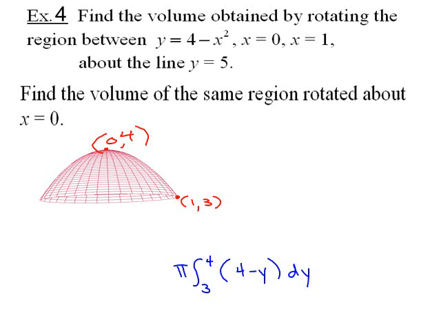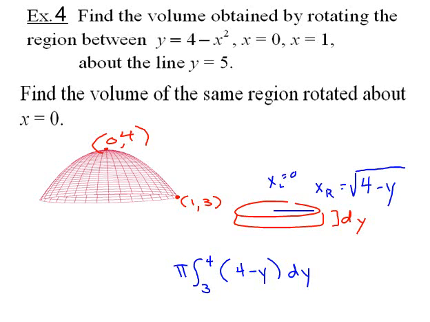Now let's find the volume of the solid formed by rotating the same region about the line x equals 0. Since we always slice across the axis of rotation, our slices will look like this, and their thicknesses run vertically and can be described by dy. The radius is found by subtracting what x equals on the right minus what x equals on the left.